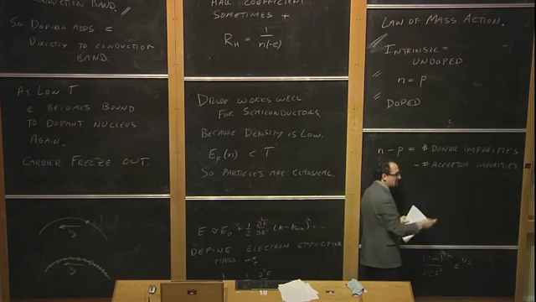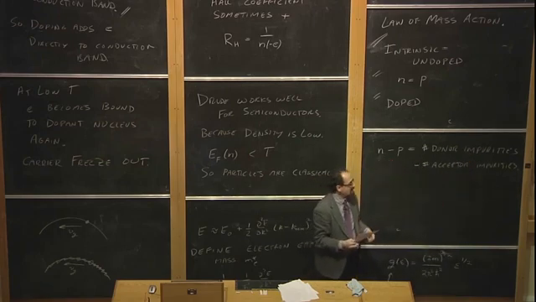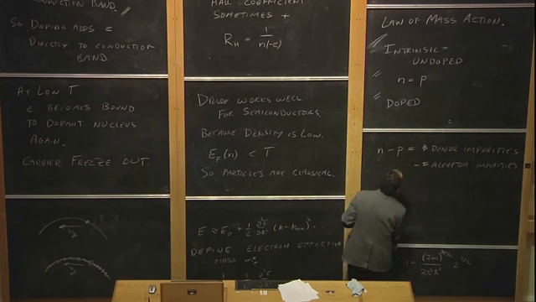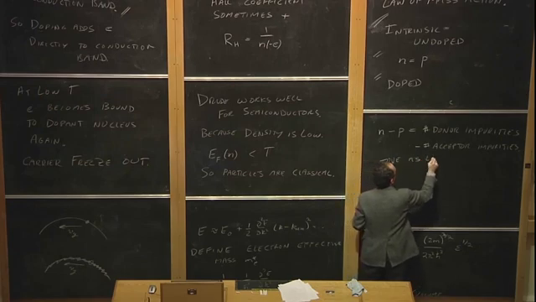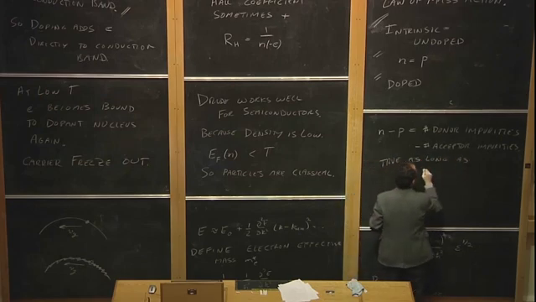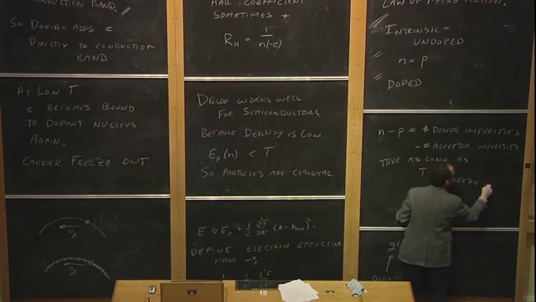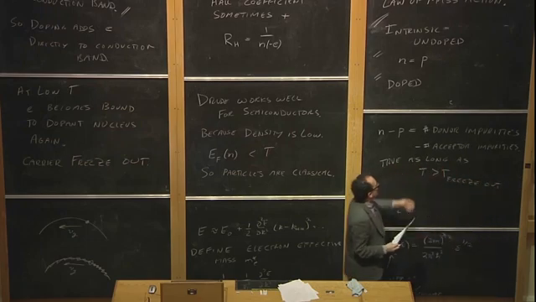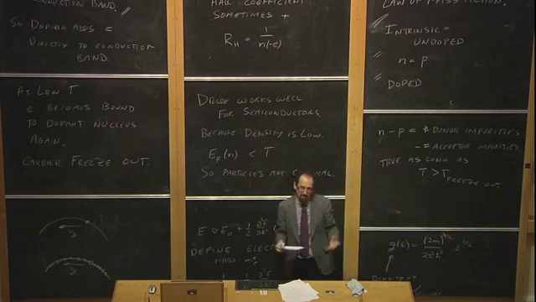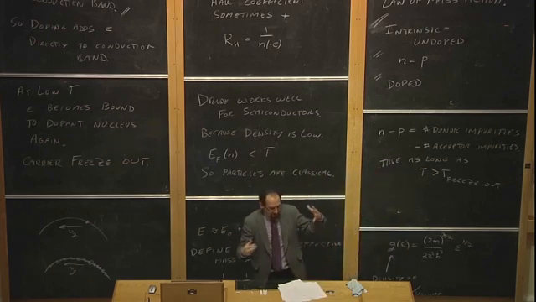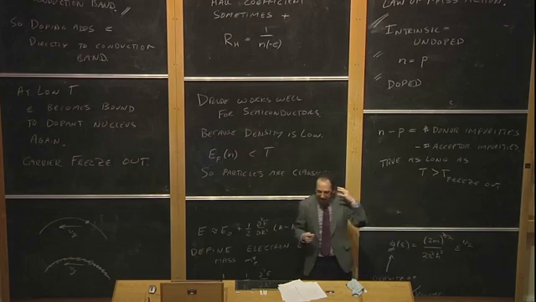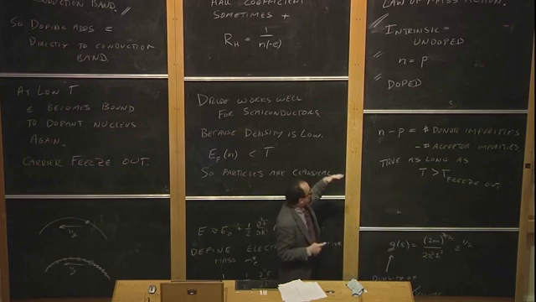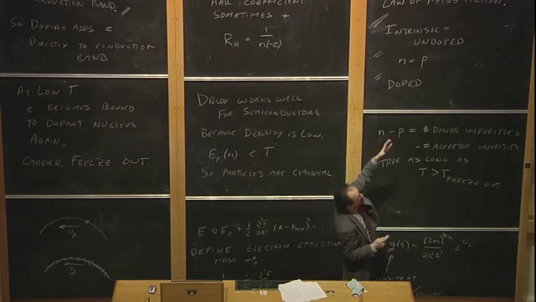And each time you add an acceptor, you add a hole into the valence band without adding an electron into the conduction band. And this is true as long as T is greater than T freeze out, where the electrons in the conduction band get bound to their donors, and the holes in the valence band get bound to their acceptors.